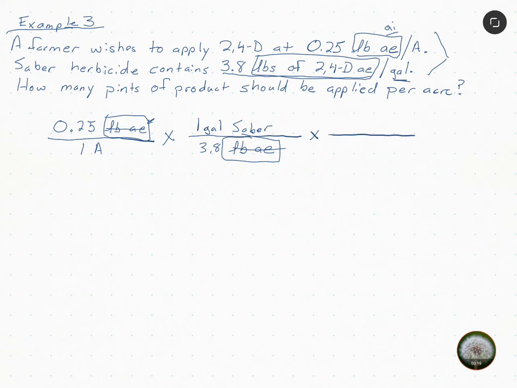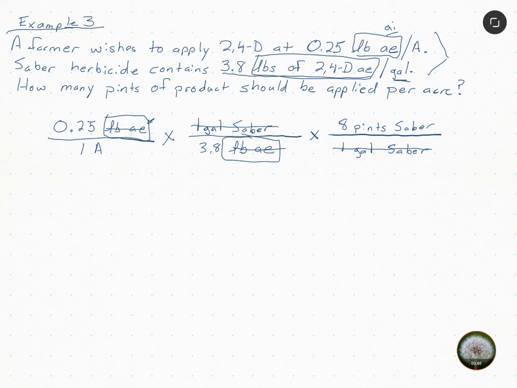And so again, because gallons is in the numerator in our second step, then we want to say that 1 gallon of Saber is equivalent to 8 pints of Saber. Okay, so once again, 1 gallon of Saber in the denominator, 1 gallon of Saber in the numerator.